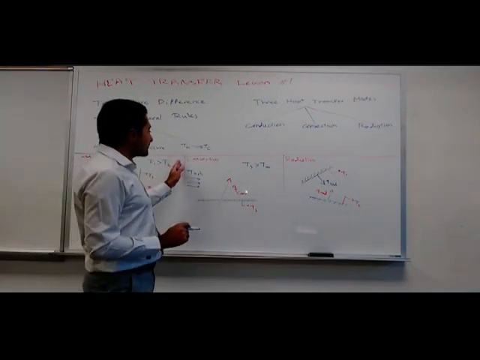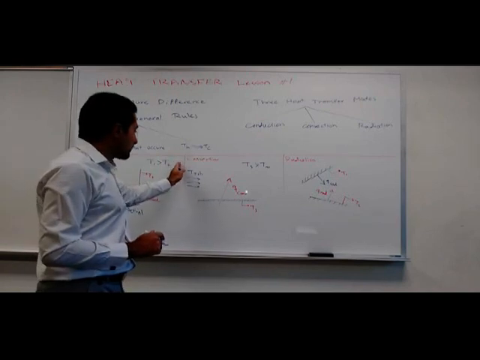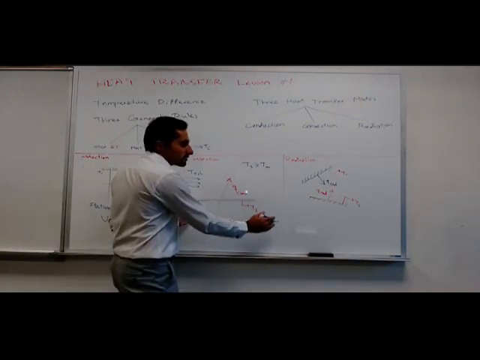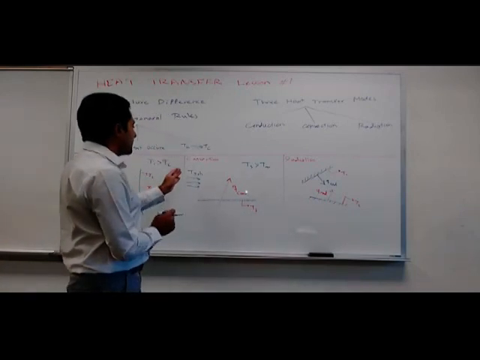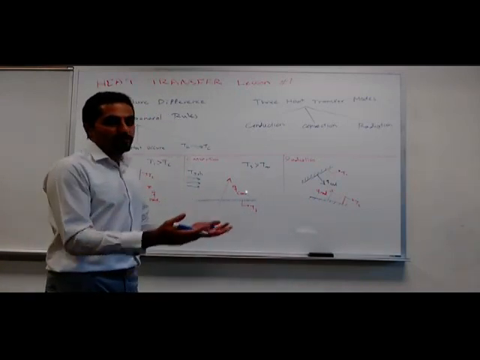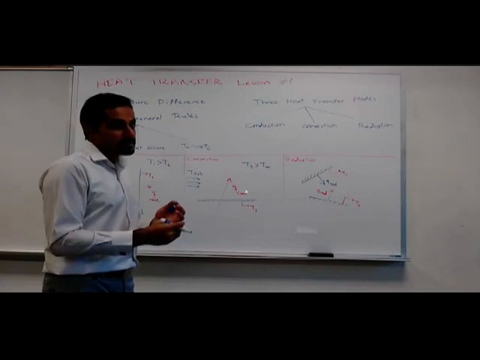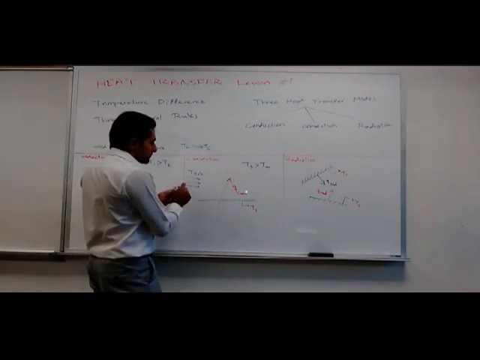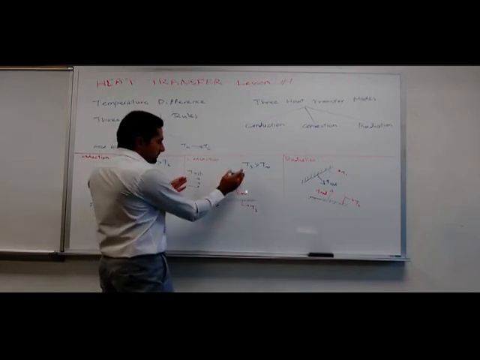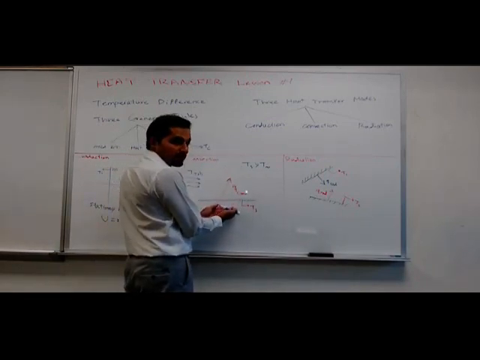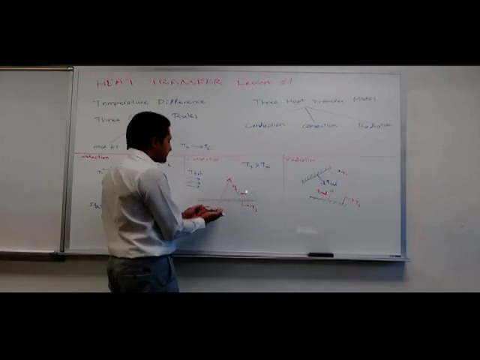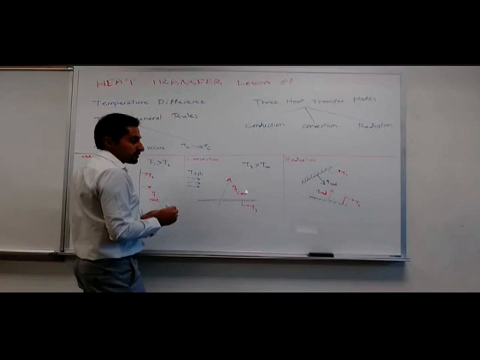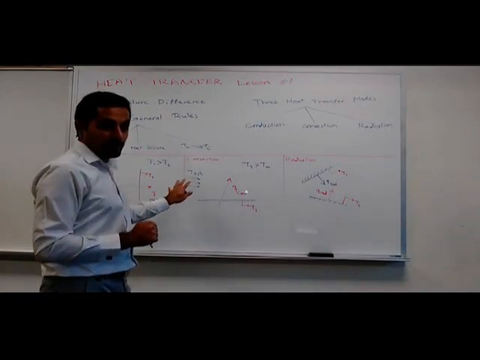The second mode of heat transfer is convection. Convection occurs between a solid material and a moving fluid, including gas or liquids, only if there is a temperature difference between the surface of the solid, the surface of your body, and the temperature of the moving fluid.